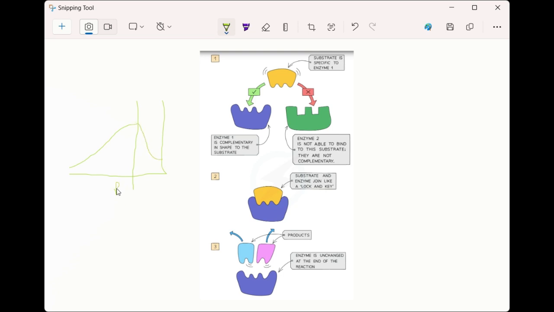This is similar for both pH and temperature. Once it goes beyond a certain temperature, which is normally 40 degrees, the enzyme denatures, meaning the shape of it changes. And as you can see, if the shape is not complementary to the substrate, then it will not fit together. So the enzyme will no longer be working.